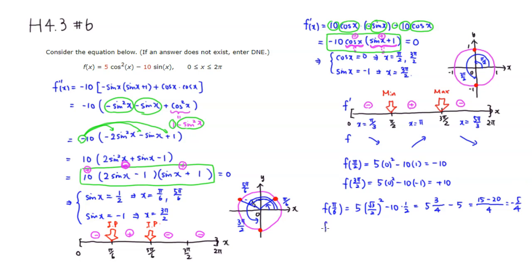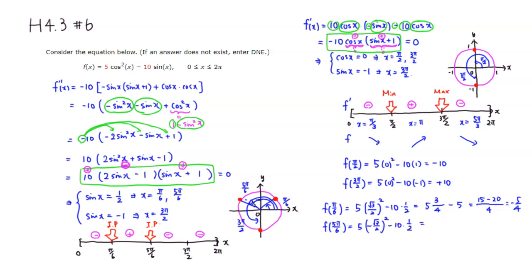If you look at f of 5 pi over 6, then you're going to have 5 times cosine of 5 pi over 6, which is negative square root of 3 over 2, but it gets squared so it's the same number, minus 10 times sine of 5 pi over 6, which is 1/2.